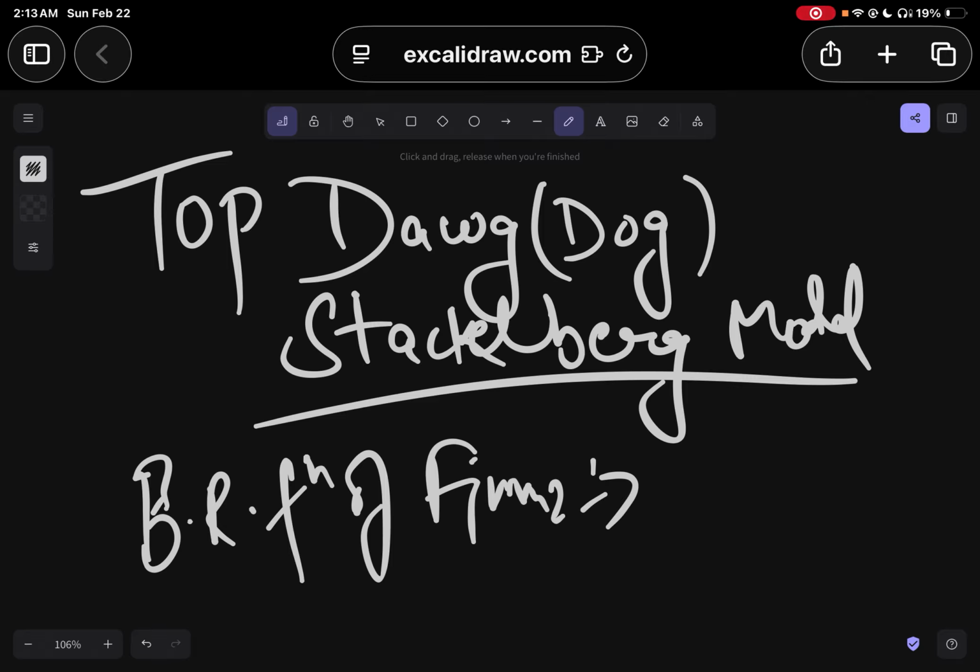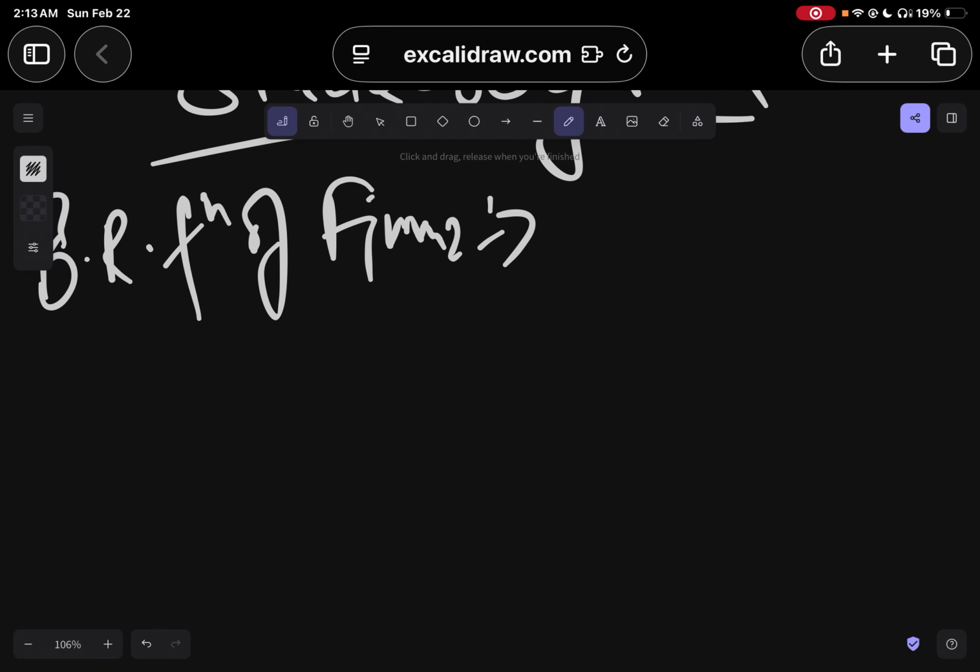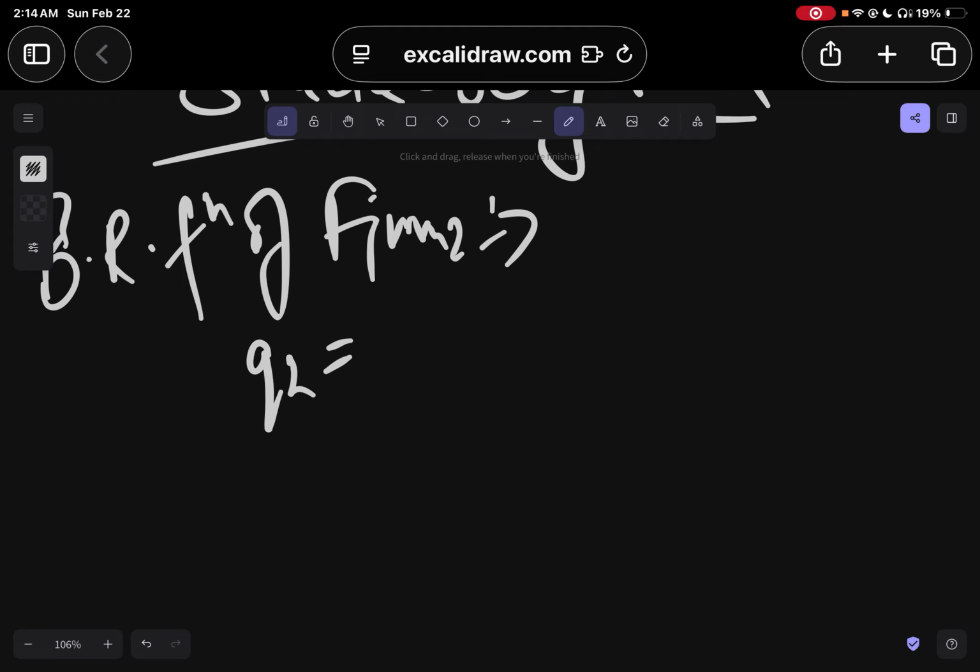I don't know if someone has stolen my notes, but I wrote the best response function of firm 2, which is similar, by the way, to the earlier Cournot one. In my notes, it is Q2 equals A minus C upon 2B minus Q1 by 2.